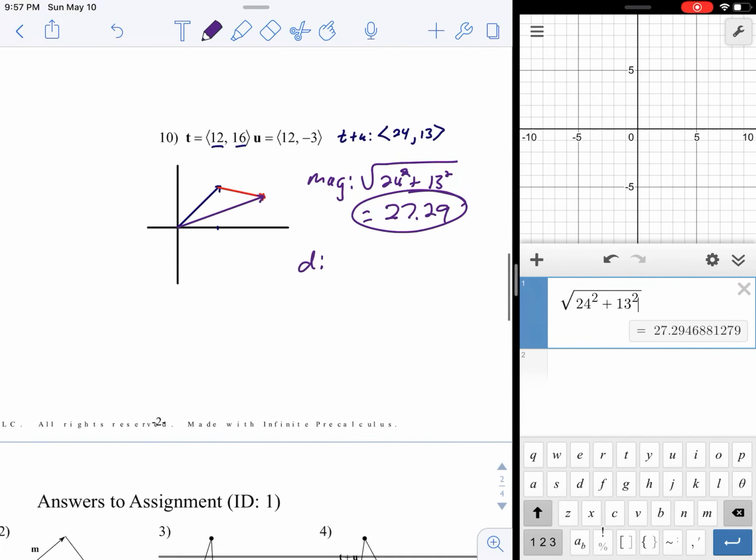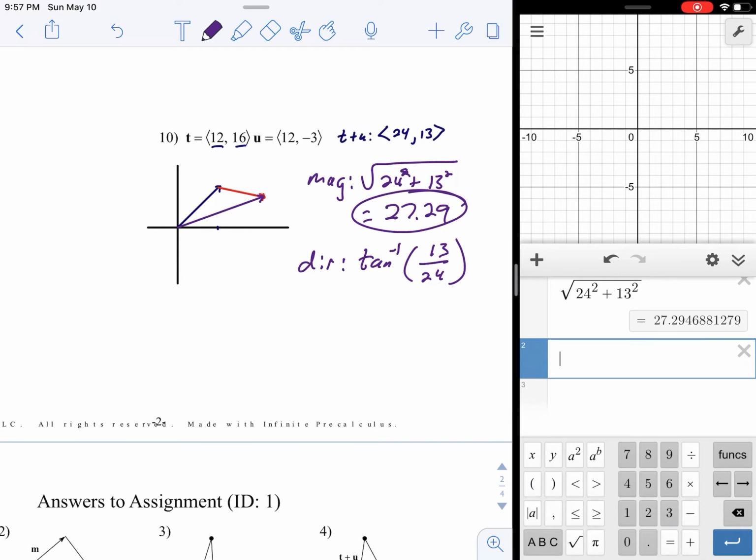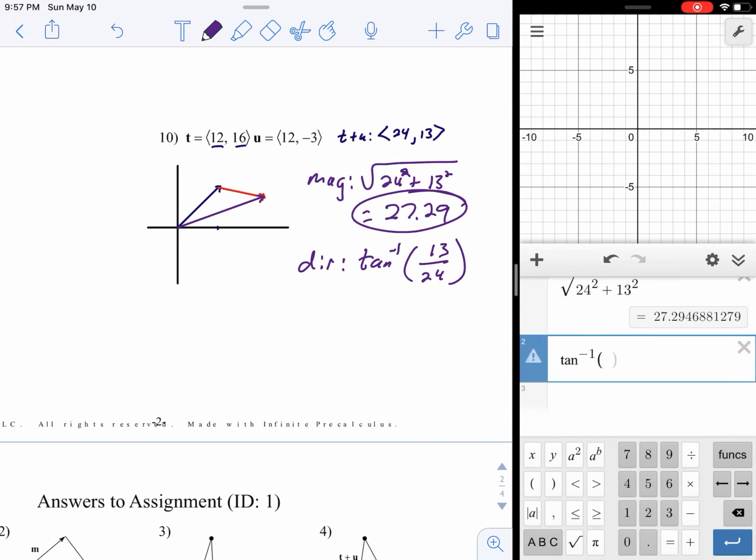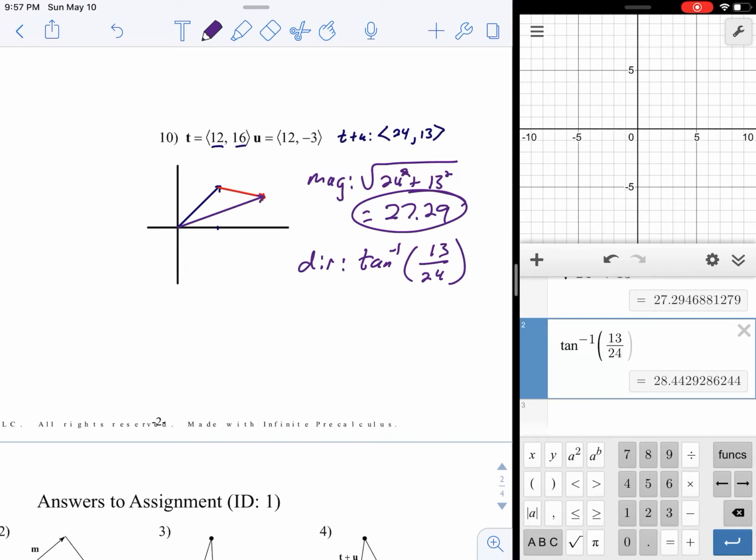The direction is the inverse tangent of y, 13 over x, 24. Remember, if either of those were negative, you just disregard the negative. Inverse tangent 13 over 24, 28.44.